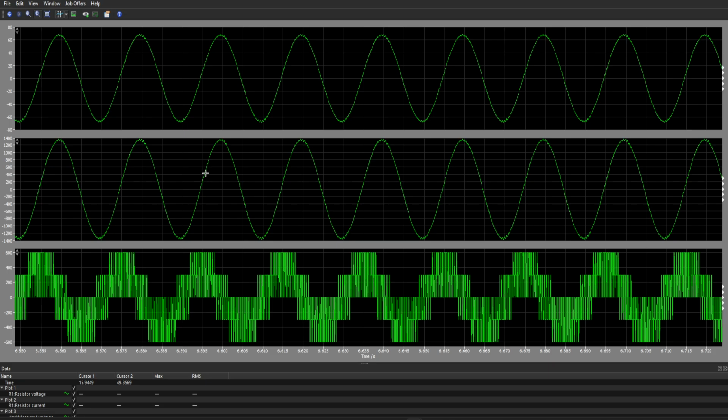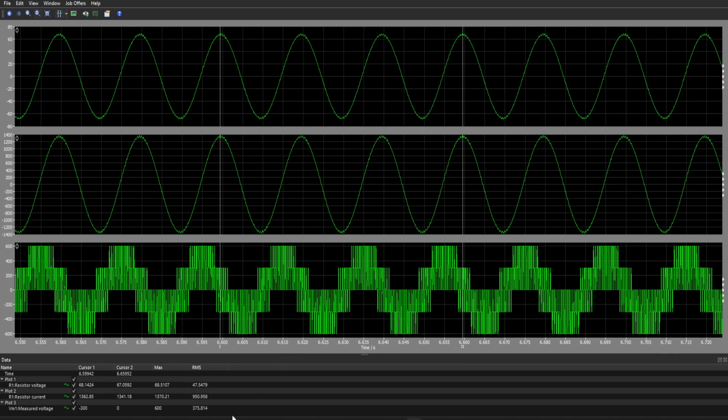As you can see from the curves, the total current generated by that voltage source inverter has an RMS value of 950 amperes, and the phase voltage is 375 volts RMS. You see the steps in the phase voltage: one is 0 voltage, then VDC by 3, which is 300, and then 2 VDC by 3, which is 600.